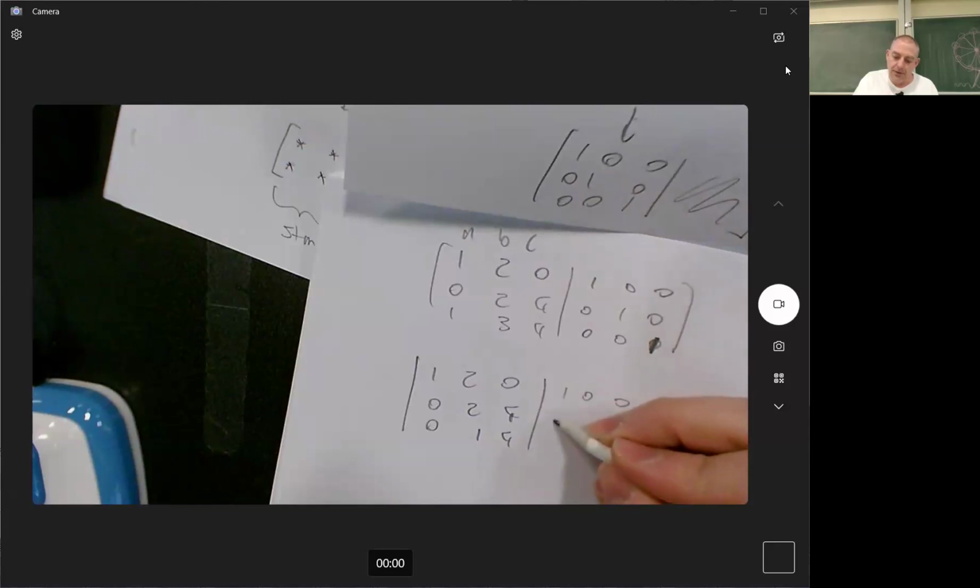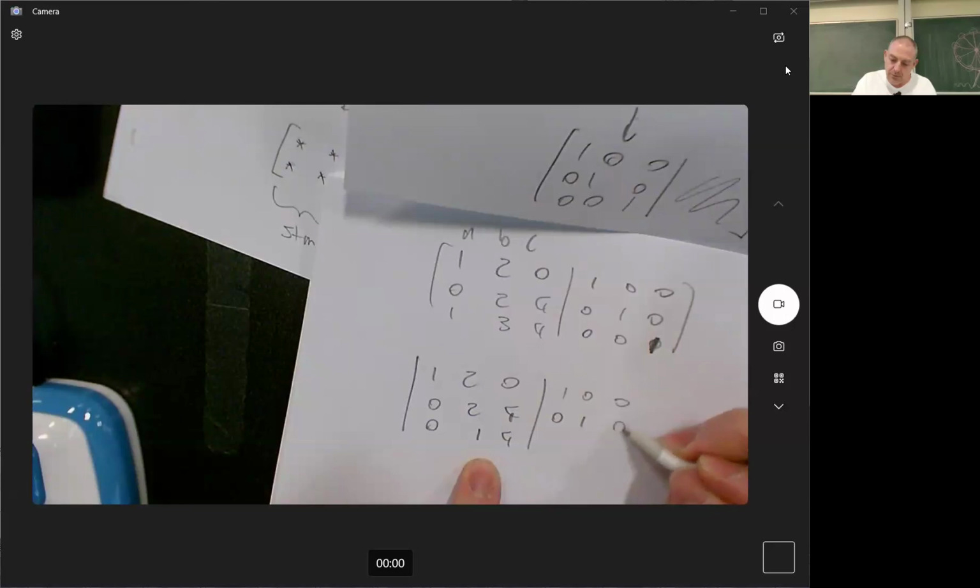Yes, thank you. And row 3 minus row 1 is this. Have to do that whole row, right? Thank you. That would have been a disaster.